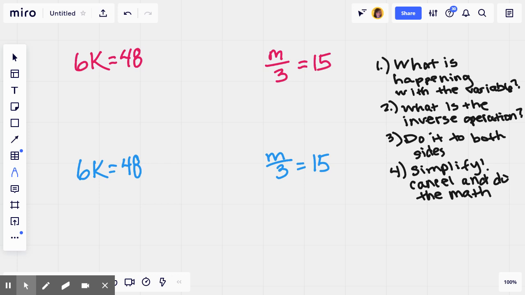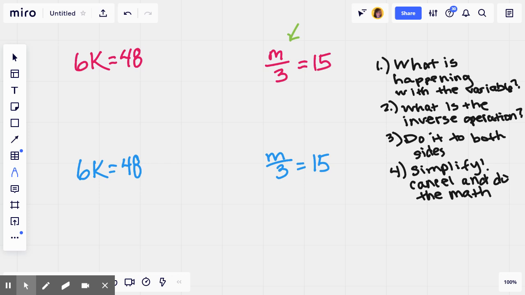And I know that because I don't see a plus sign between them. I don't see a minus sign between them. And I don't see a fractiony looking thing like we see over here, right? So I know those are multiplying because when a number called a coefficient is stuck to a variable, it means they're multiplying.